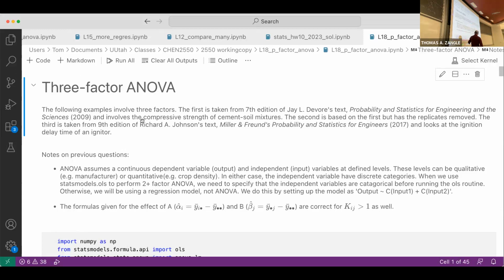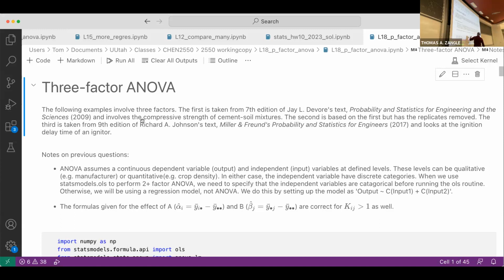The difference, which we didn't go into and would be beyond the scope of this class, is that if we do have more than one replicate per condition, then we saw that we could also use ANOVA. This part's within the scope of the class. If we have K_ij greater than 1, we can also use ANOVA to look at the interactions between the different factors.